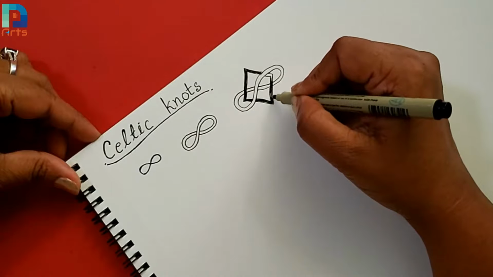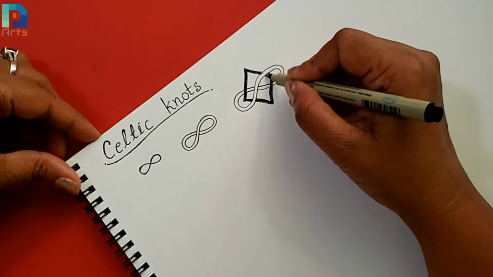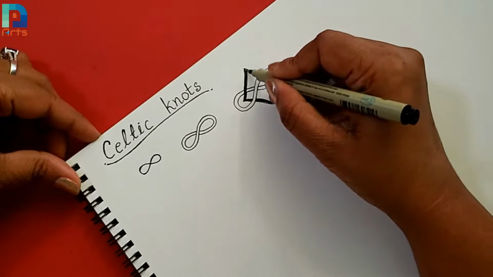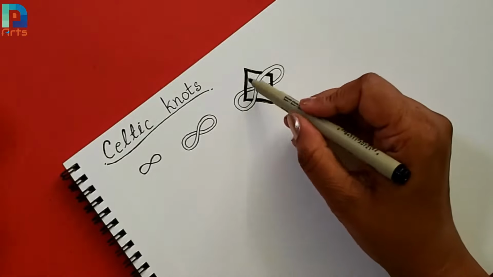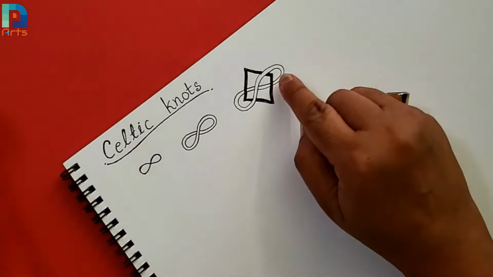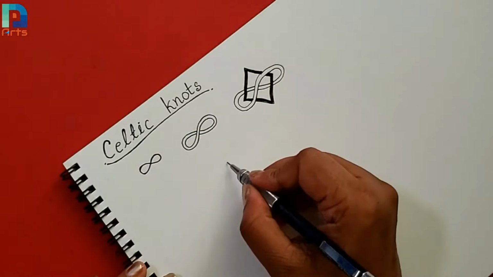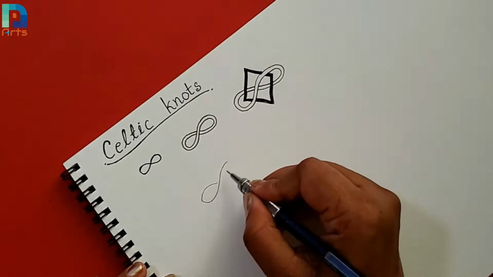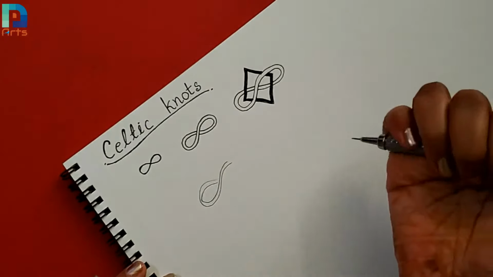So that's how it's showing over and under. But if you want to draw it hollow, the way we drew this infinity symbol, we have to draw it with the pencil first so that we can erase the over and under easily.